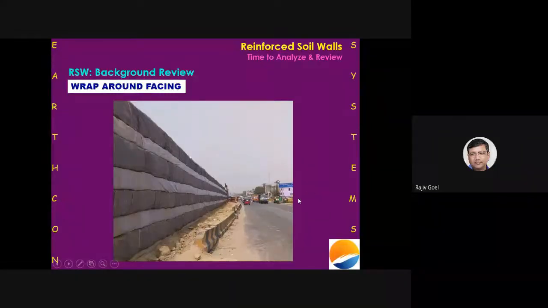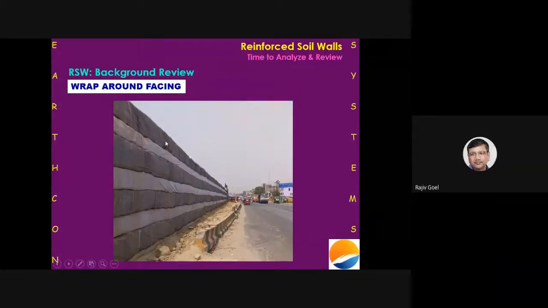When we have a 6-lane project where 3 lanes cannot be constructed because you don't have space to divert the traffic, what is generally done is that you make a flyover using the central wall as a wraparound fascia wall. The traffic is then diverted on top, and once it is diverted, you have the space available and can come back and build the other carriageway of the reinforced soil wall.